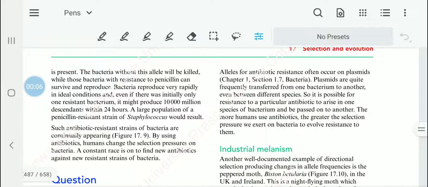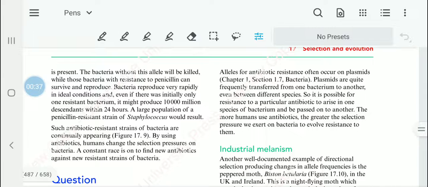Now, to tell you more about these antibiotic resistant strains, what happens is, when more and more humans take antibiotics, we provide these bacteria greater selection pressure, and as a result they will evolve resistance.